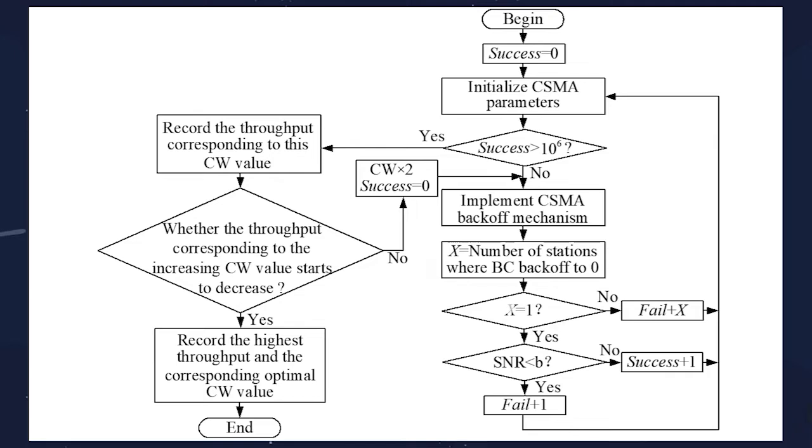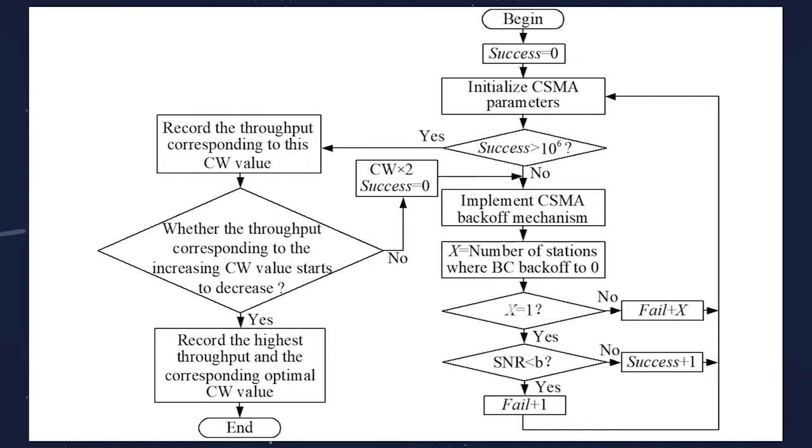After 10 to the 6 packets are successfully transmitted, the throughput of the system is calculated and the contention window value is recorded. Then the value of the contention window is doubled, and the process on the right side of the diagram is repeated again.